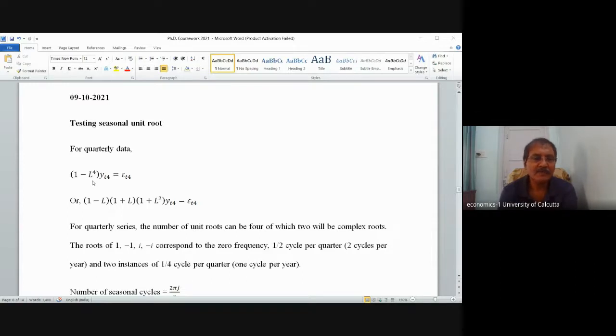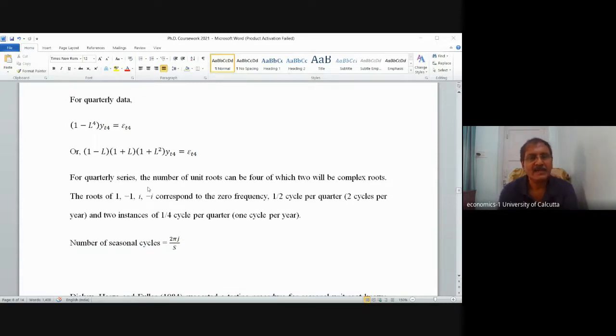Now these are 4 unit roots. Unit root means the value of the characteristic roots equal to unity. So the 4 characteristic roots whose value is equal to 1 have different meaning. For the first one, 1 minus L equal to 0, here you will get the value equal to 1.